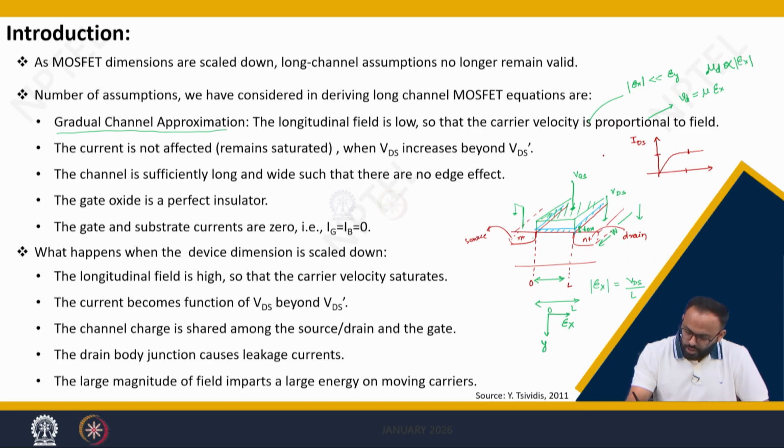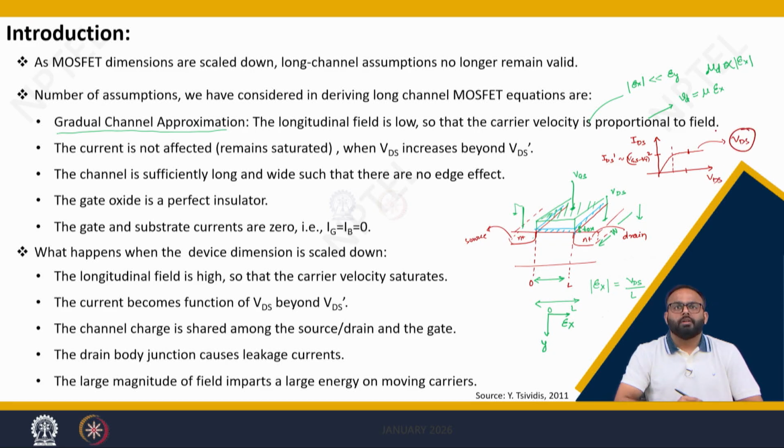This term we called Ids dash, which is Vgs minus Vt whole square. We said that in this region of operation the drain current is independent of Vds, right, and the current is only dependent on the effective gate to source voltage.